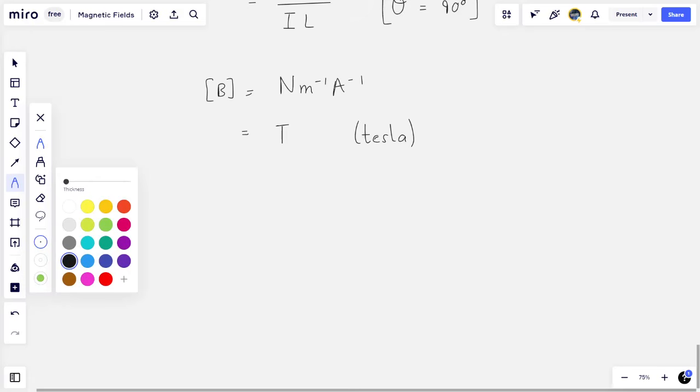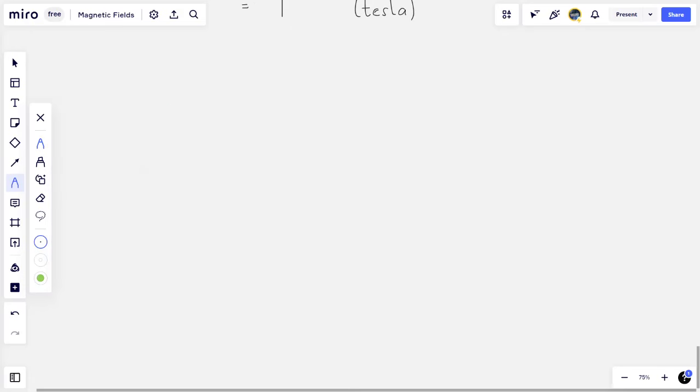Okay, now that we have the mathematics out of the way, we can talk about the force on a moving charge. Now, why did we suddenly go from a wire to a moving charge? Well, it's simple. It's not purely the case that the wire is feeling the force due to its inherent properties. It's the fact that a current is made up of moving charges that the wire feels a force.